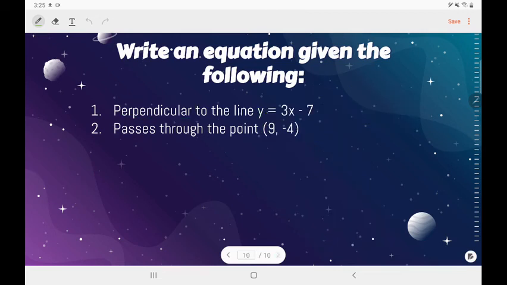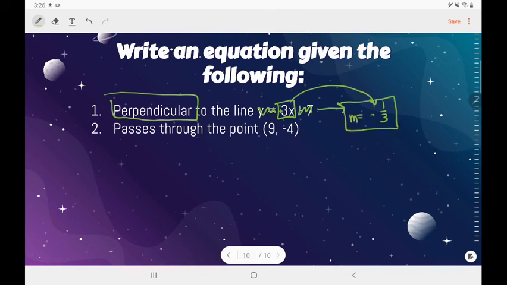Let's try one more example to make sure you've got the hang of this. So perpendicular to this line. I only care about the slope, and because it's perpendicular, I'm going to convert it. 3 changes to, flip it, 1 over 3. This is positive, so I'm going to use a negative. So this is the slope I'm going to use.